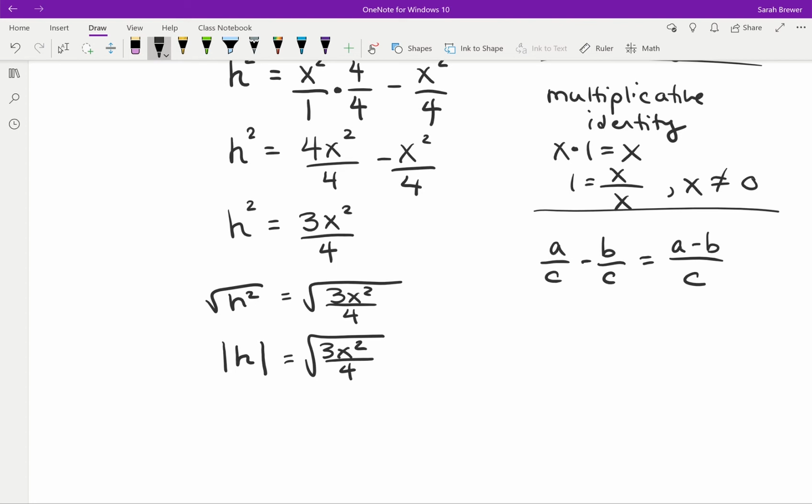Well, to get rid of the absolute value, and this is what you might be used to seeing, going from this step to this step, it is either going to be plus or minus this square root, depending on certain conditions.